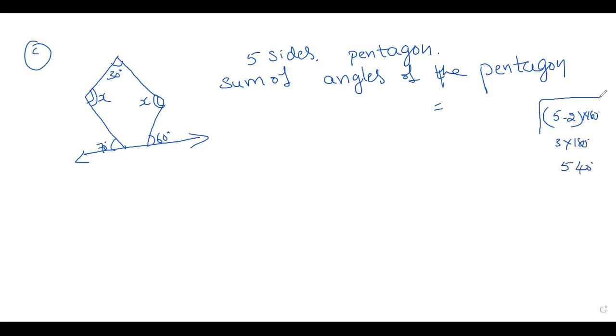If you don't know, you can find it like this, children, but it is good if you know the total sum. So the sum is equal to 540 degree. And now how to find the remaining angles? So write it as A, B, C, D, E.